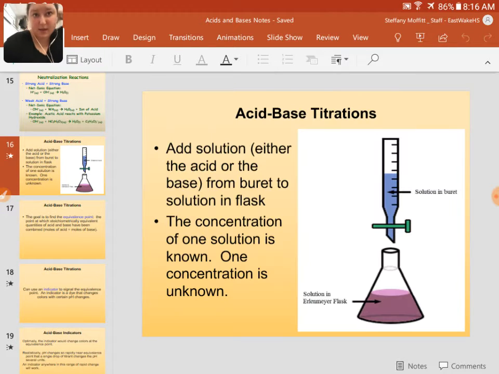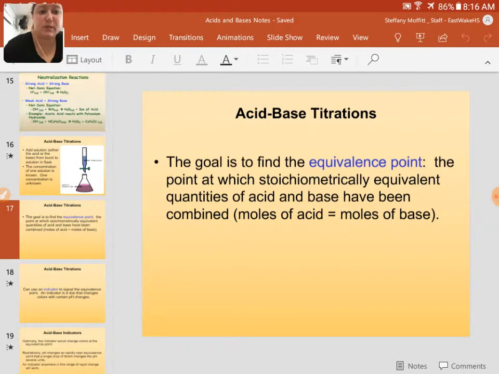Acid-base titration, so we're going to have a solution, either an acid or a base, and it's going to be in the burette, and we're going to slowly let it drip down into the Erlenmeyer flask. The concentration of one of those things will be known, but the other one is unknown, and we're trying to figure out what that concentration is using the equivalence point.